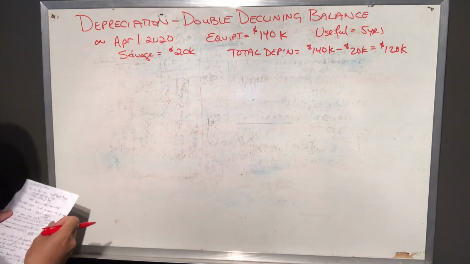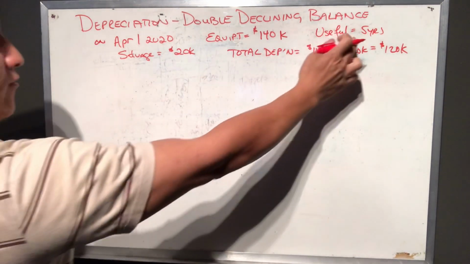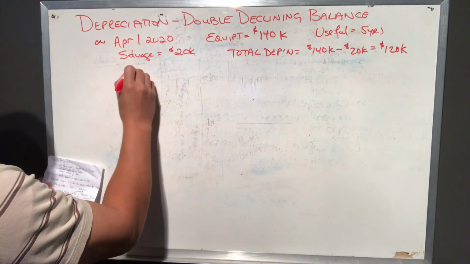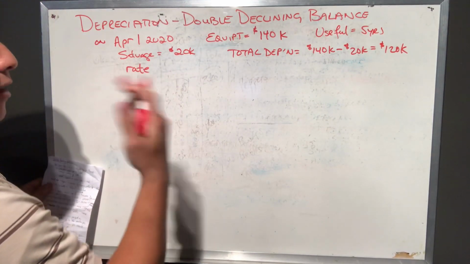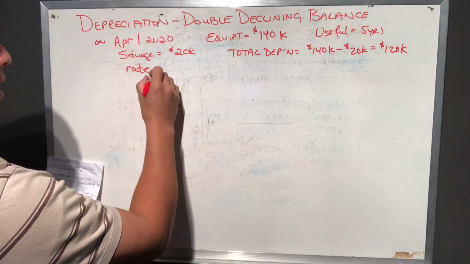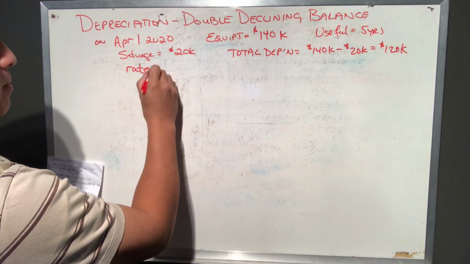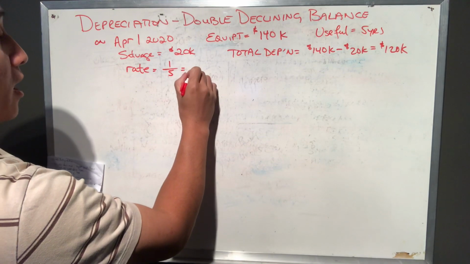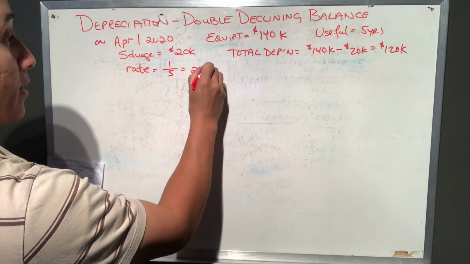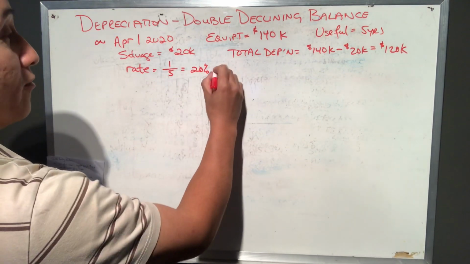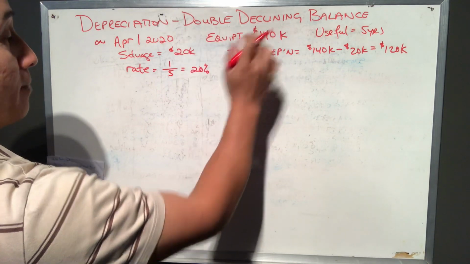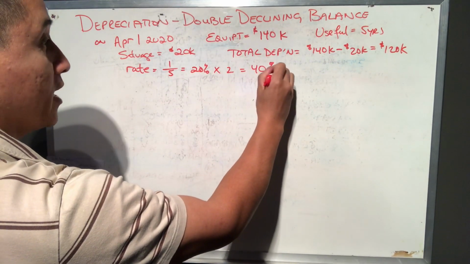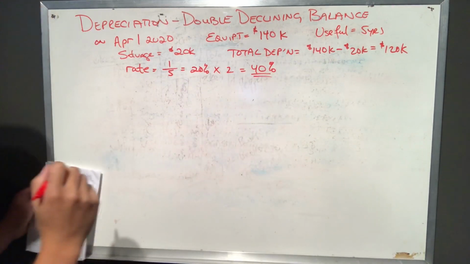So let's go through this. Under 5 years, the depreciation rate under the straight line would be equal to 1/5, which is 0.2 or 20%. Now, if we were to calculate under the double declining balance method, we multiply that by 2. So that would yield a 40% rate that we're going to have to be working with.